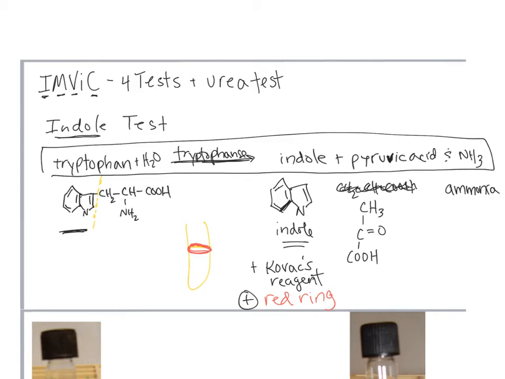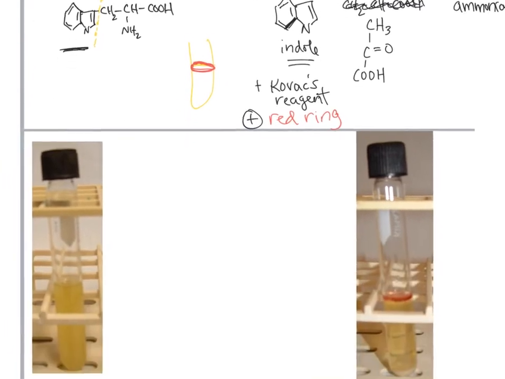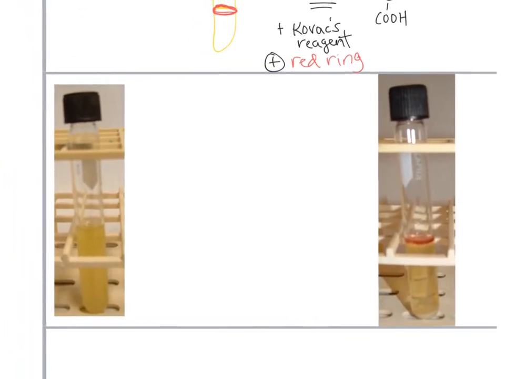Now, I don't know what this is going to look like this year. Typically, the Kovacs reagent is a yellow color. So if we have a negative indole test, it's going to look something like this after you add that Kovacs reagent. Or this may be an uninoculated tube, I'm not sure, but that yellow Kovacs just sits right on top there and you can hardly see it. Now, last year, the Kovacs reagent, the way we made it up, was kind of brownish to begin with, so the negative result looked kind of brown.